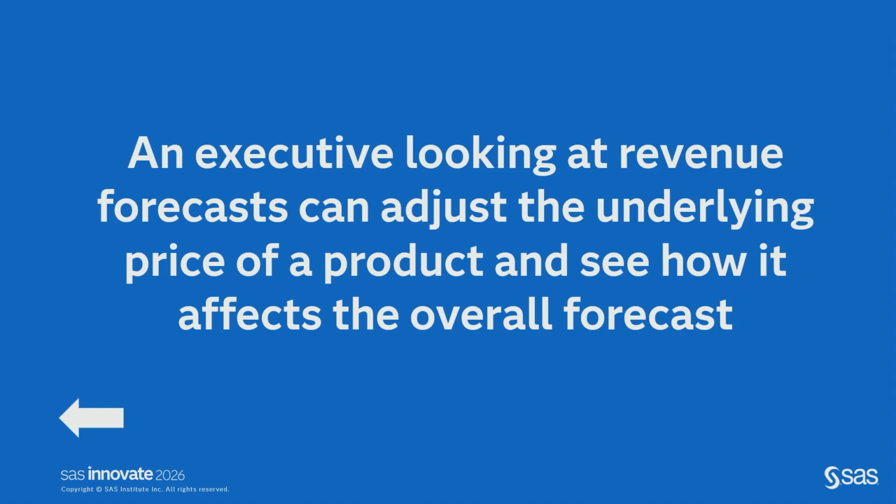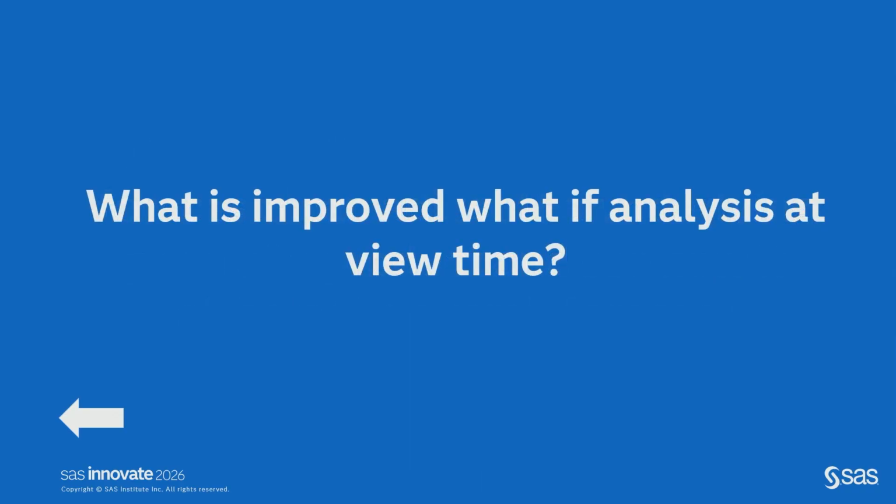An executive is looking at revenue forecasts. Now they can adjust the underlying price of a product and see how it affects the overall forecast. What is the improved what-if analysis at view time?